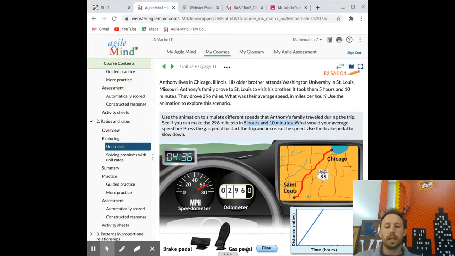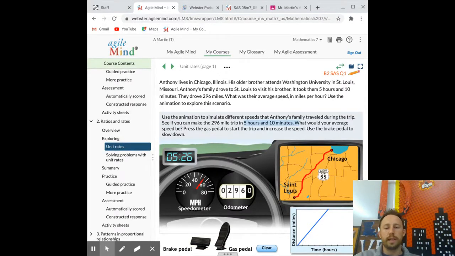So we've got to slow it down a little bit. So let's see what happens at 55. All right, so it says it took 5 hours and 26 minutes at 55 miles an hour.